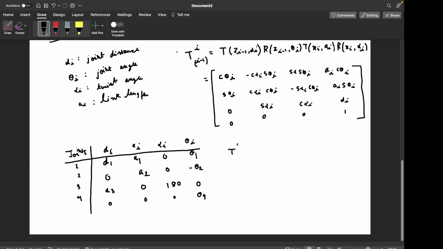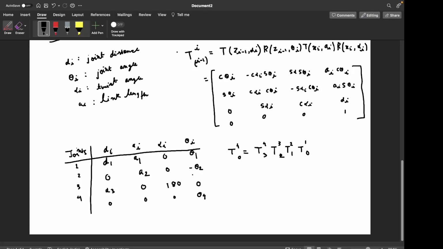So T4 from 0 is basically T4 from 3, T3 from 2, T2 from 1, and T1 from 0.